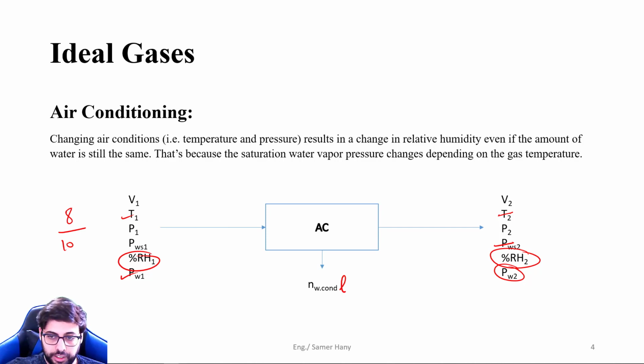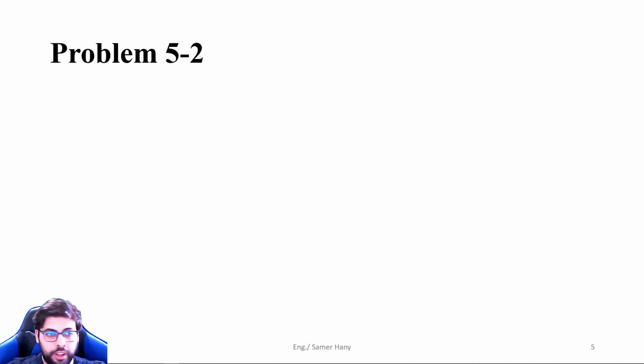And let's say at the new temperature and pressure, the saturation was just 5 moles of water in the entire mixture. So these 8 moles of water will not be able to stay in the vapor phase. Only 5 of them will be in the vapor phase, and the remaining 3 will need to be condensed as liquid, since the gas at that temperature cannot contain any more water in the vapor state.